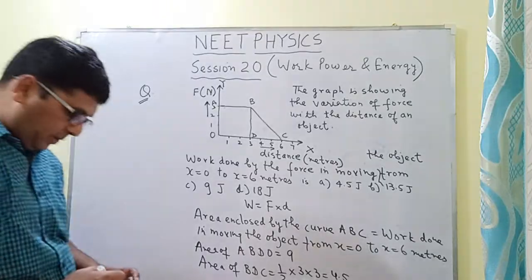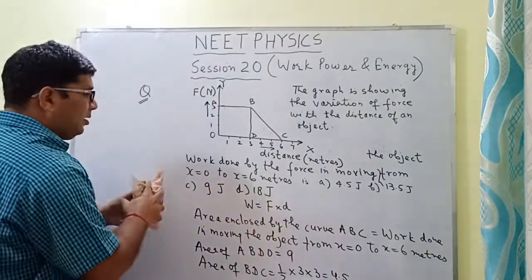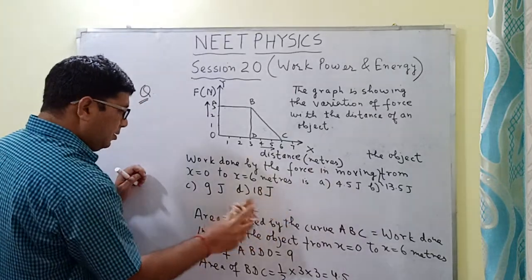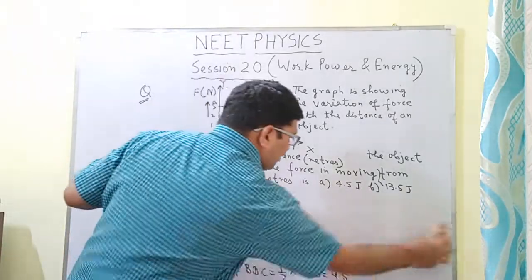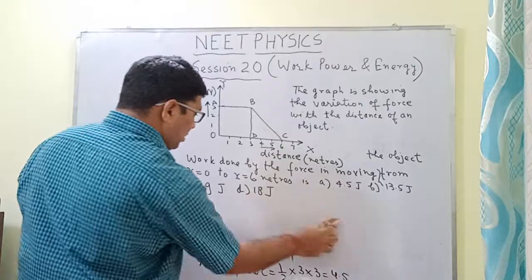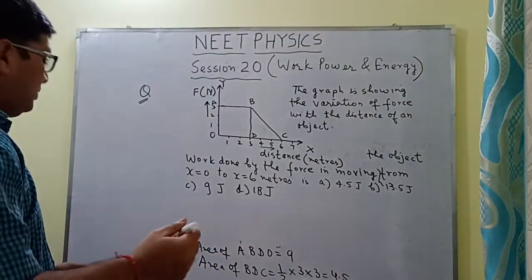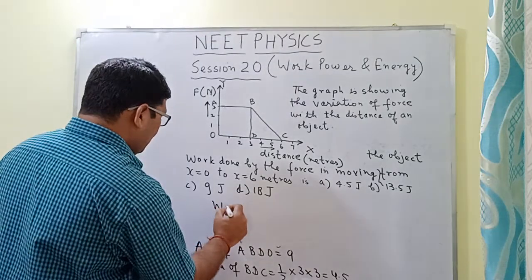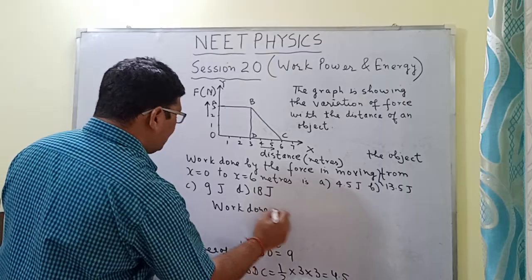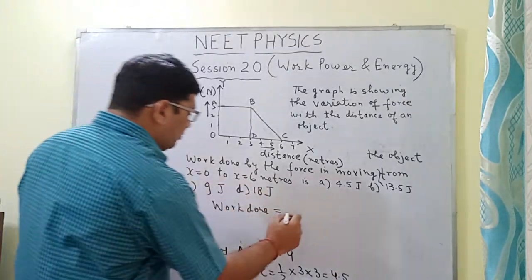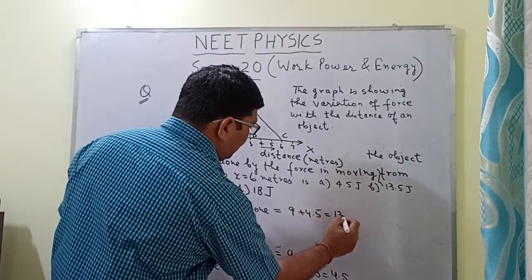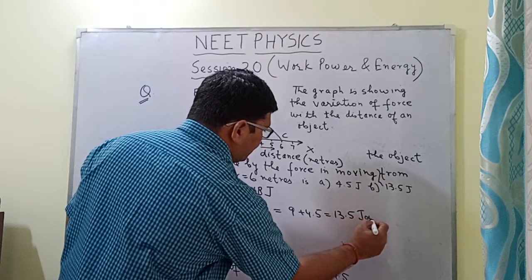The work done in moving the object from x is equal to 0 to x equal to 6 meter will be equal to 9 plus 4.5, which is equal to 13.5 joules.